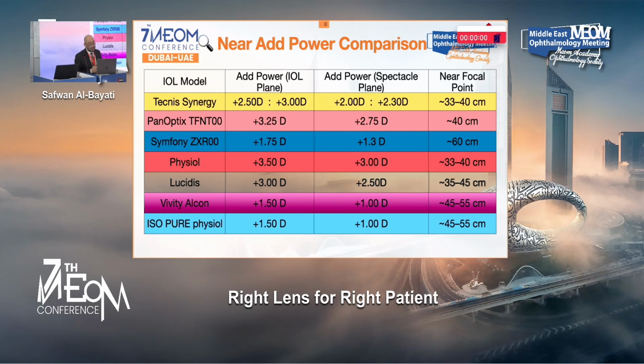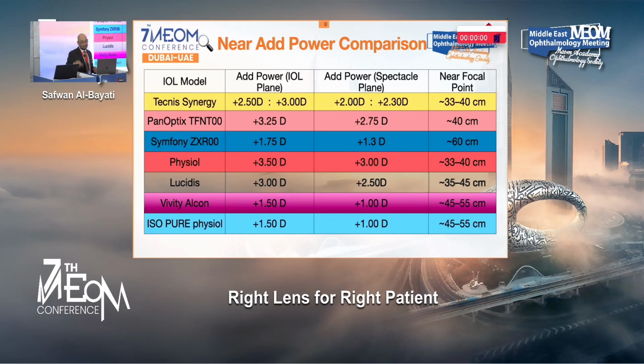Now Panoptix 3.25 at the lens base, 2.75 at the spectacles. Symphony 1.75, 1.3 at the cornea. Physiol 3.5 is the highest, and +3 at the spectacle. Lucidus +3, 2.5 at the spectacles. Vivity 1.5, 1 at the cornea. Physiol Isopure 1.5 at the cornea.